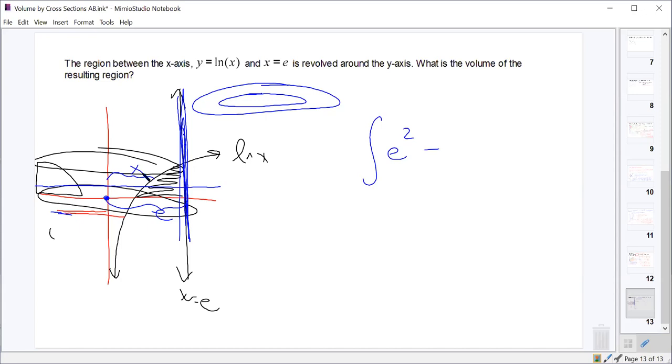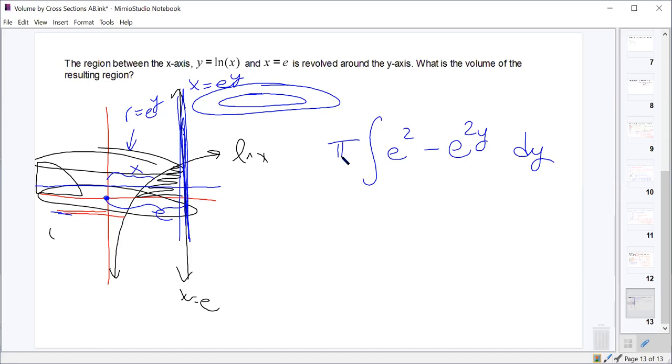So if y equals ln x, x equals e to the y. So this inner radius is x, or it's e to the y. If I square that, what's e to the y squared? e to the 2y, dy, pi out in front.